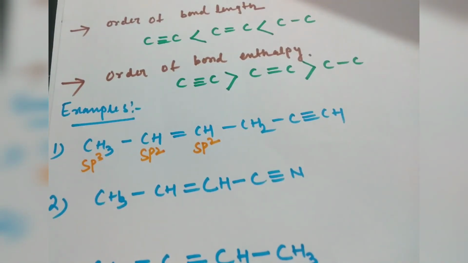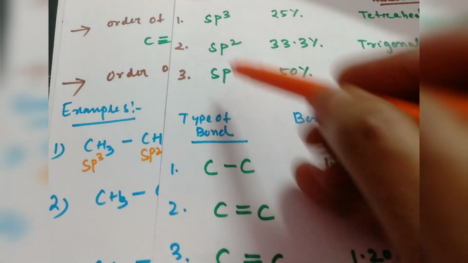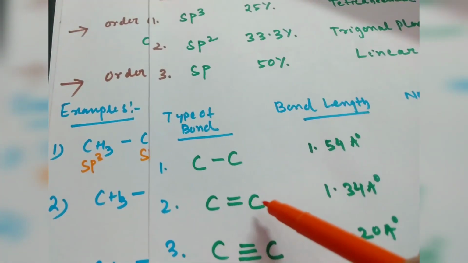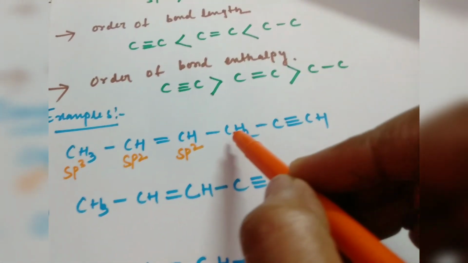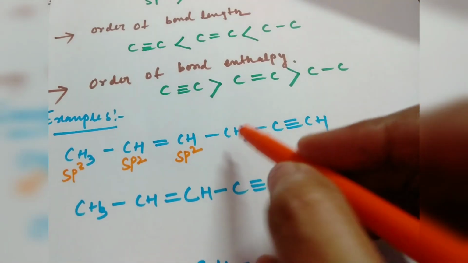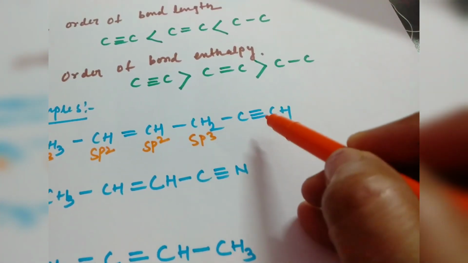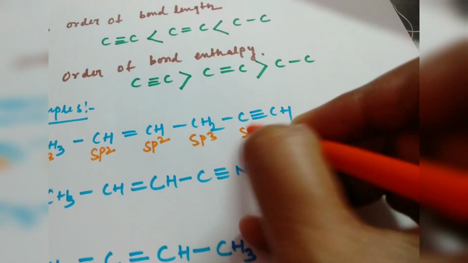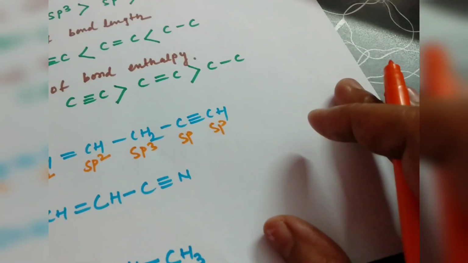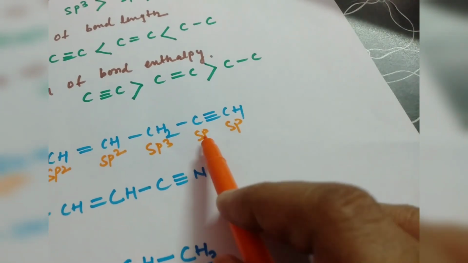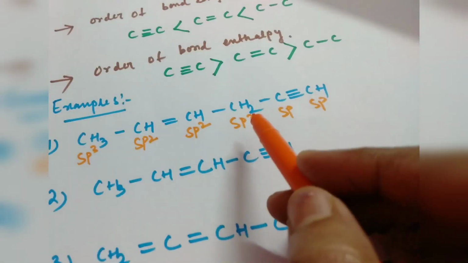We have already discussed that a carbon-carbon single bond means sp3 hybridization, a double bond means sp2, and a triple bond means sp. So this carbon is attached by two single bonds, so it is again sp3, and this carbon is attached to one single bond and one triple bond, so this carbon is sp, and this carbon is also attached to a triple bond, so it is also sp hybridization. In total, there are two sp, two sp2, and two sp3 hybridizations.